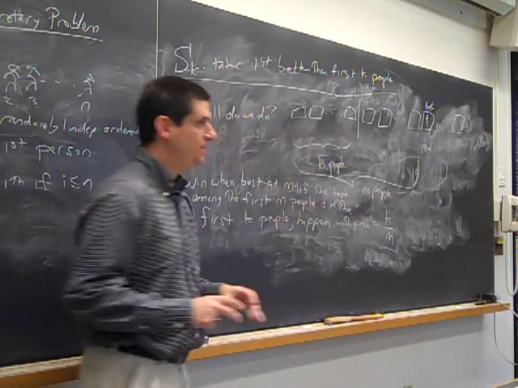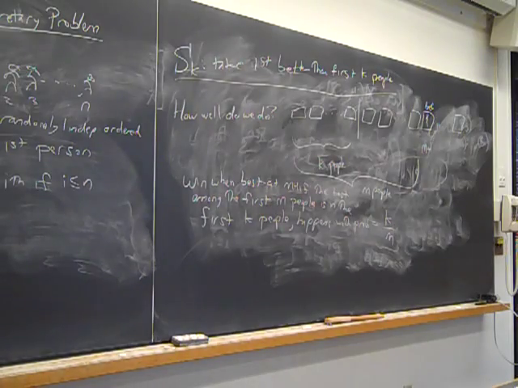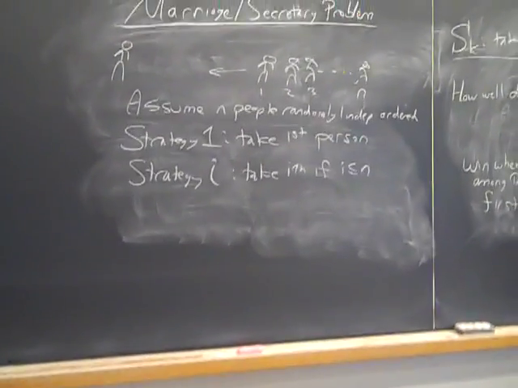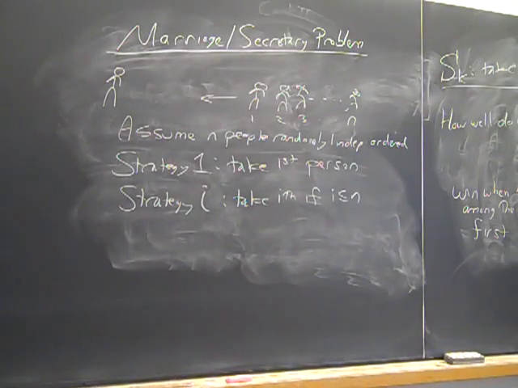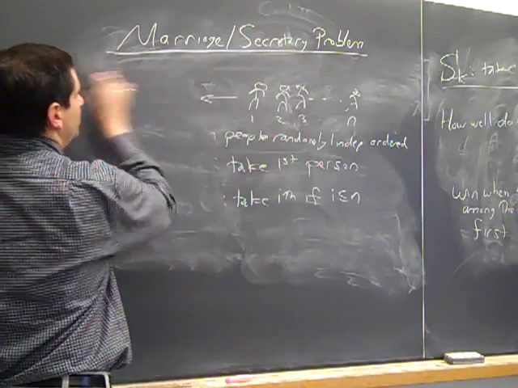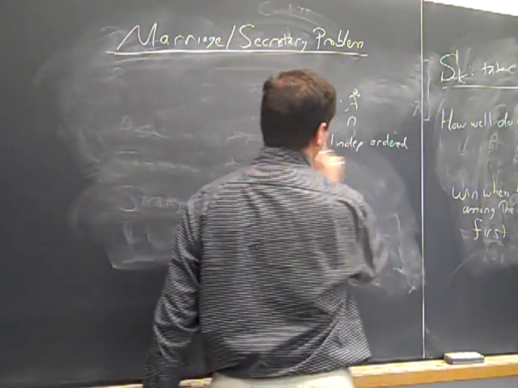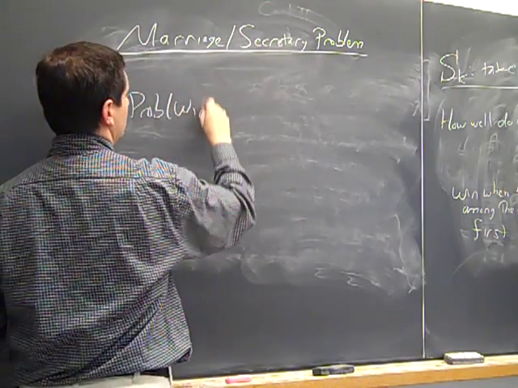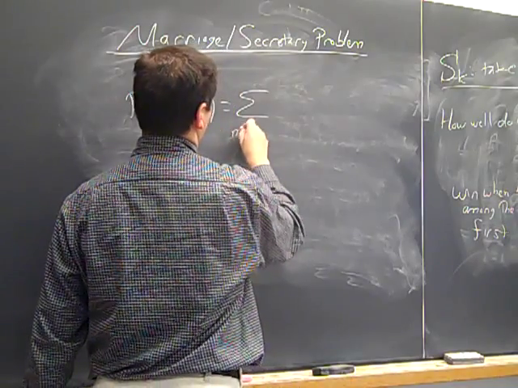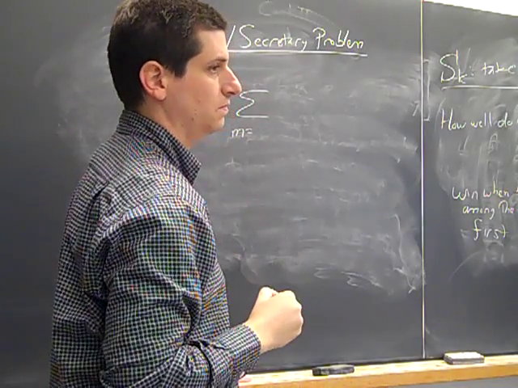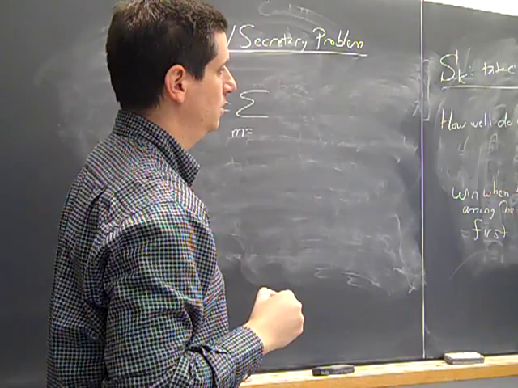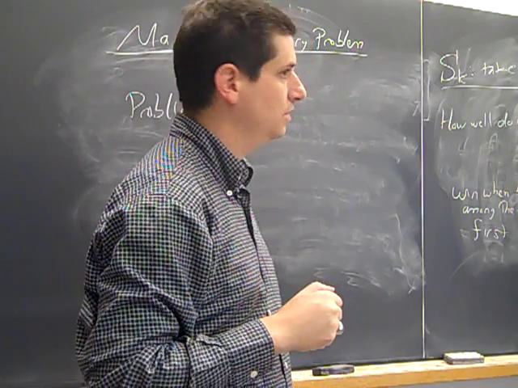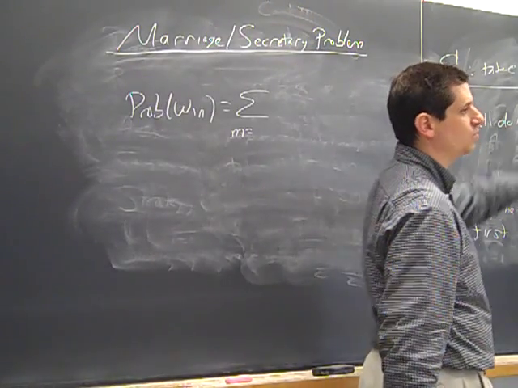So this is setting us up for conditional probability. This is a nice way to review a lot of the concepts we've done this semester right before the exam. So we've calculated that probability. Now let's do the probability we win. The probability of a win is the sum, and it goes from what to what? The way we're writing it, M goes from K, because we're assuming the best person is at M plus 1.